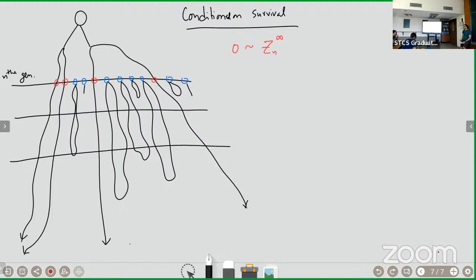We estimate it. Z1 times the expectation value of X will be the number of nodes in the next generation. Very important: Z1 is the number of particles which are red in generation one. It should be the number of nodes in generation one times the survival probability, 1 minus theta.